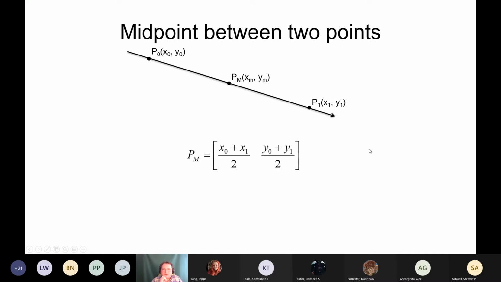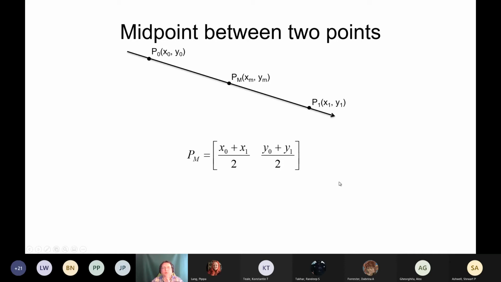So, again, classical, absolutely classical approach, not a vector one, could be, well, let's take coordinates of P0 and coordinates of P1 and find the mean, or the arithmetical average. So it's x0 plus x1 divided by 2 and y0 plus y1 divided by 2.